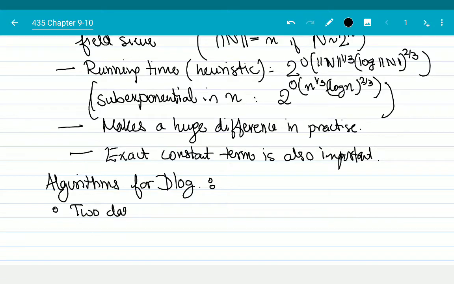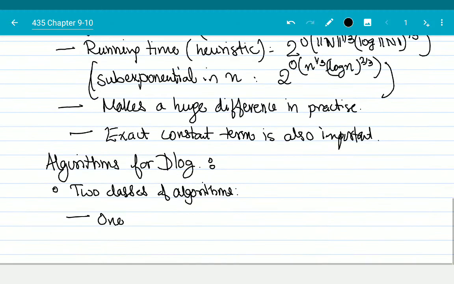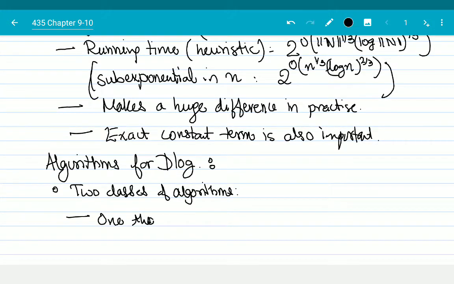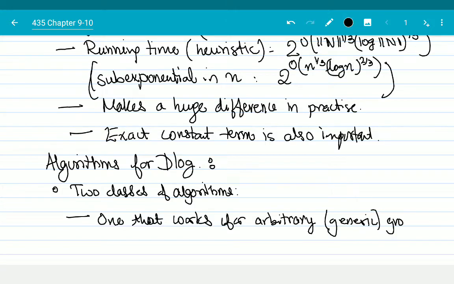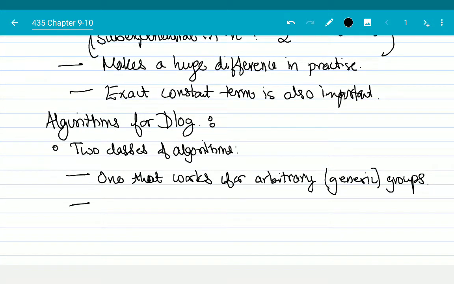Two classes of algorithms. One that works for arbitrary groups, or generic groups, and the other, which works for specific target groups.